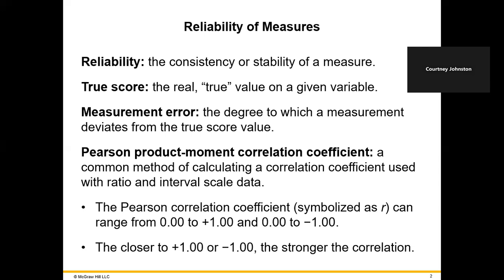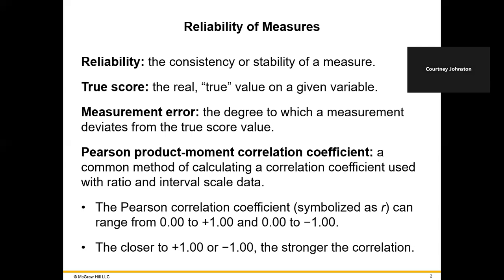So this Pearson coefficient is a common method of calculating a correlation coefficient used with ratio and interval scale data. So if your survey is a Likert scale, so somebody determines whether or not they agree with a statement from 0 to 10, you would be able to run this statistical analysis.